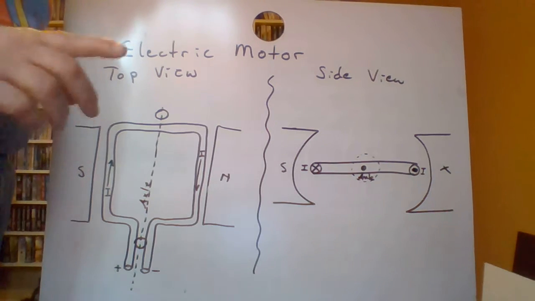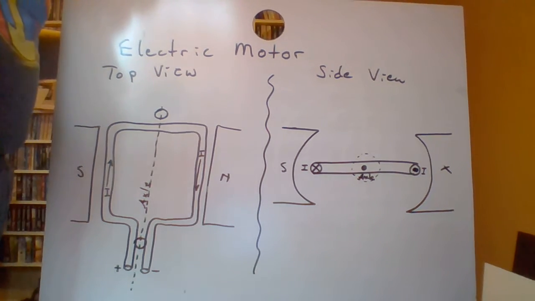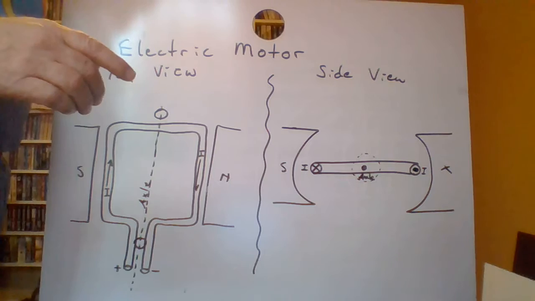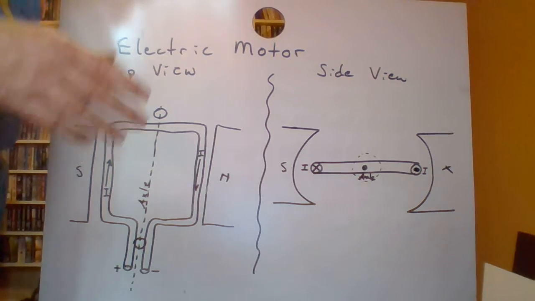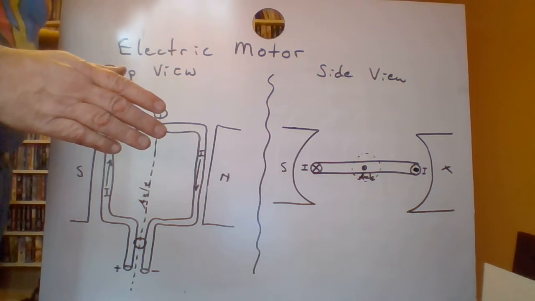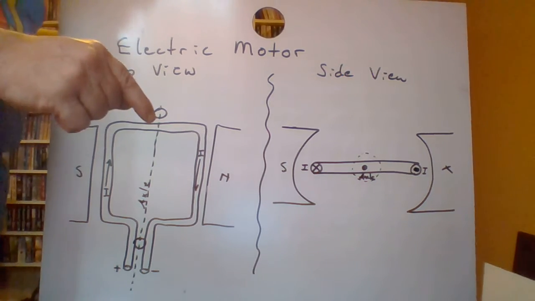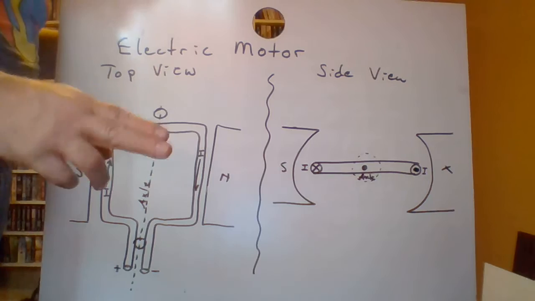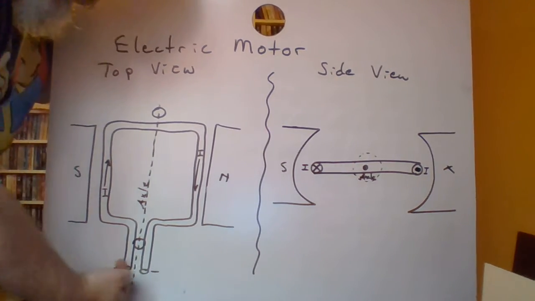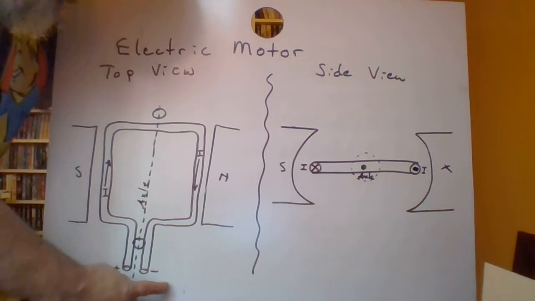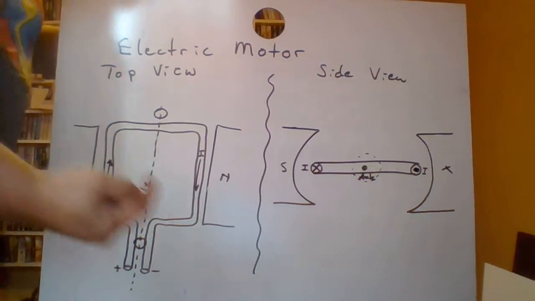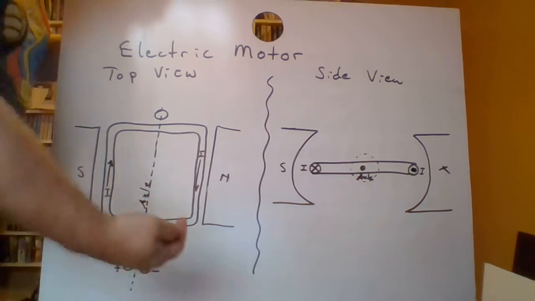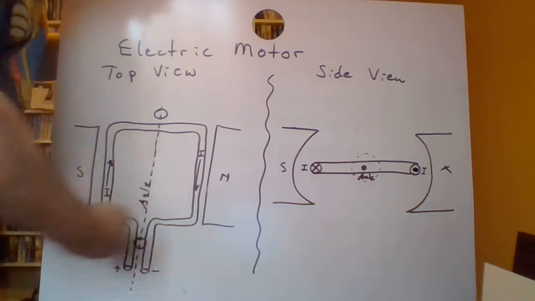Please refer to the supplemental information packet I sent home on the parts of an electric motor, and look at the commutator and slip rings that would be down on this part of our diagram. That's how they switch the current so that this can continue to rotate through the field.